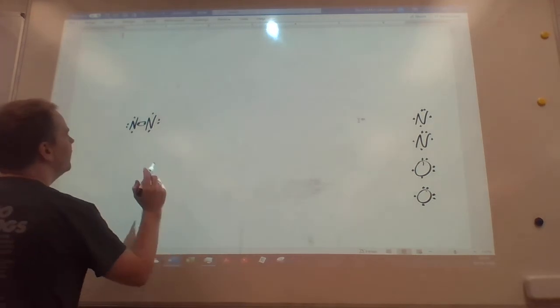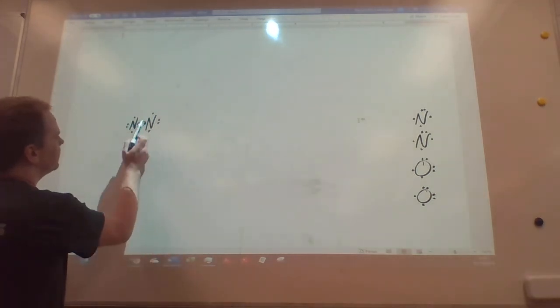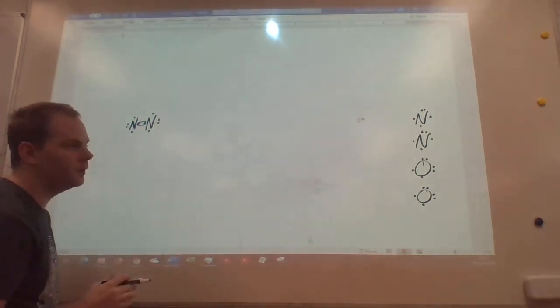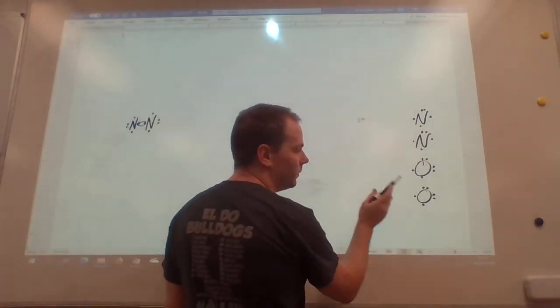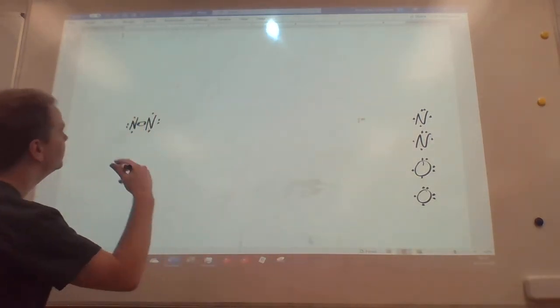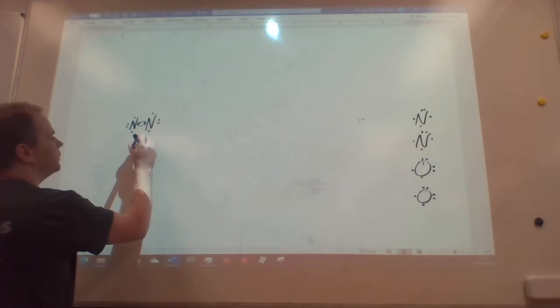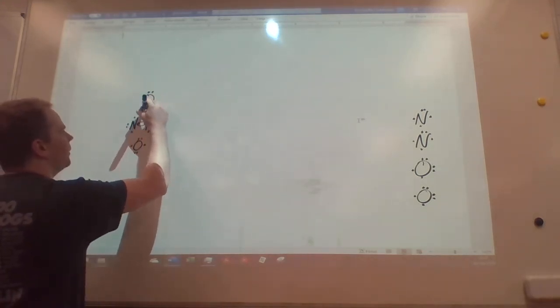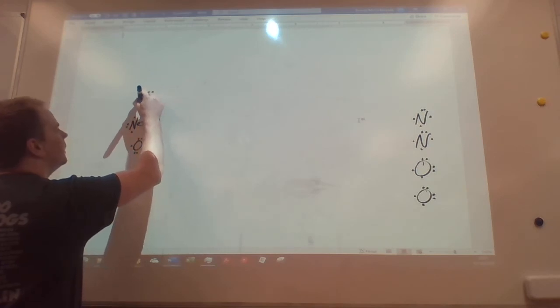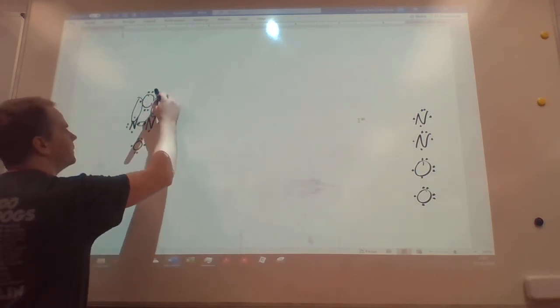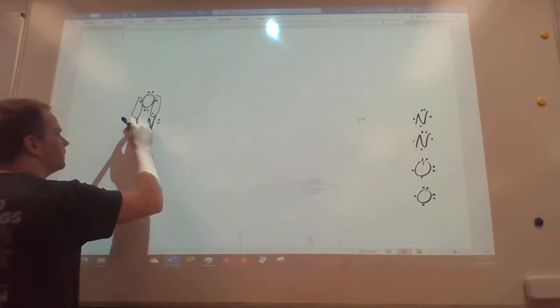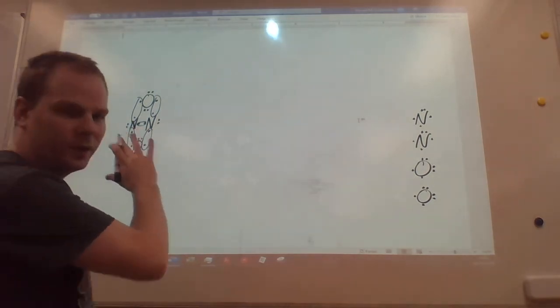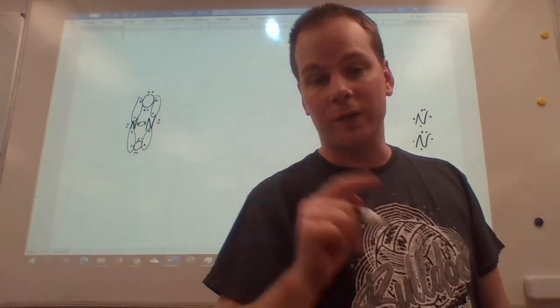Now, notice that there's 2 bonding sites on top and 2 bonding sites on bottom, and each oxygen needs to make 2 bonds. So, we can put oxygen down here, with a lone pair on the top and the bottom, and our singles on the outside. Ditto up here, and we can do our bonds like this. And that will give us one answer.